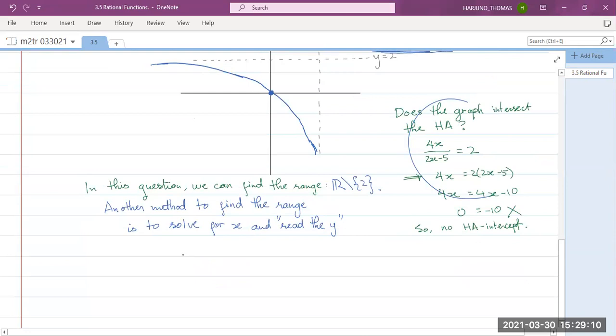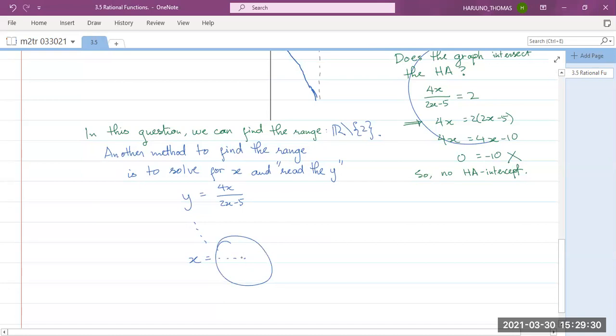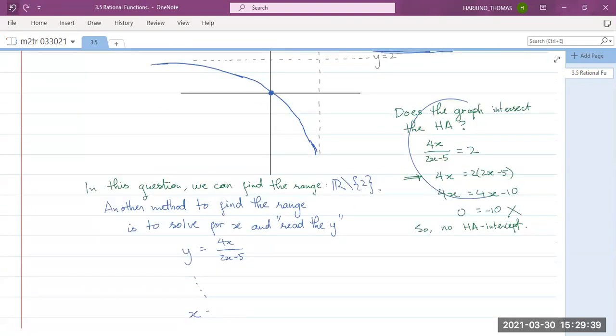For example, in this case, we know that y equals 4x over 2x minus 5, right? Now try to solve for x. You modify this such that you have x equals something. Then from there we can see what kind of y we are allowed to put into that equation. So let's show the details.